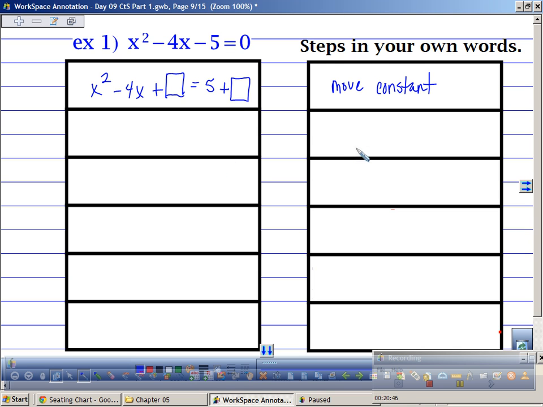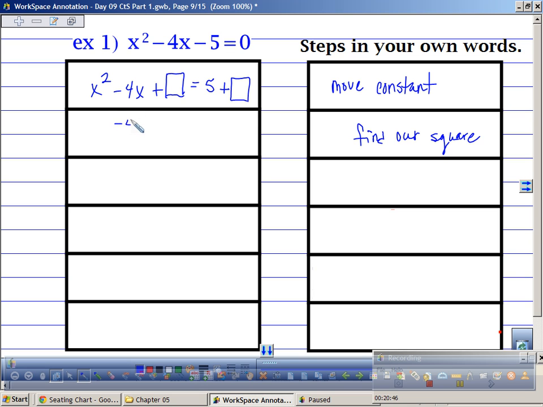What's my next step in your own words? What do we do now? We got to find that square, right? Find our square, or find C.